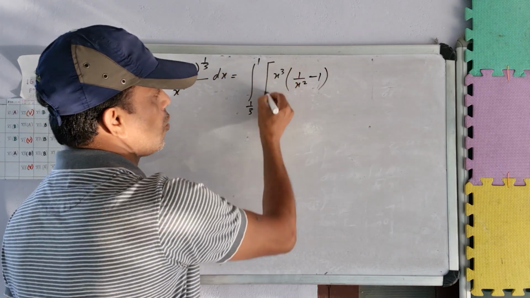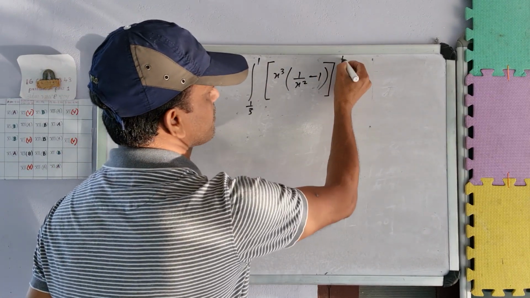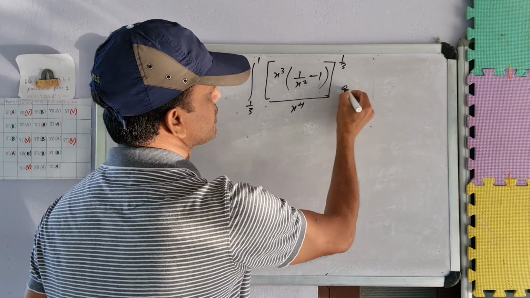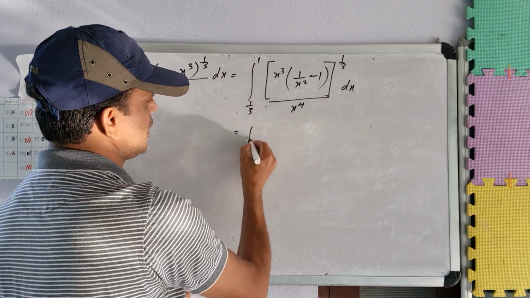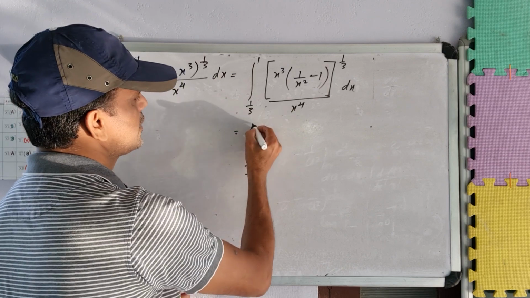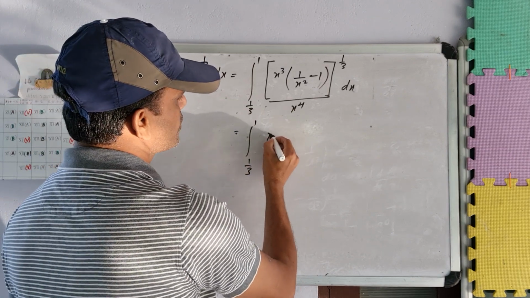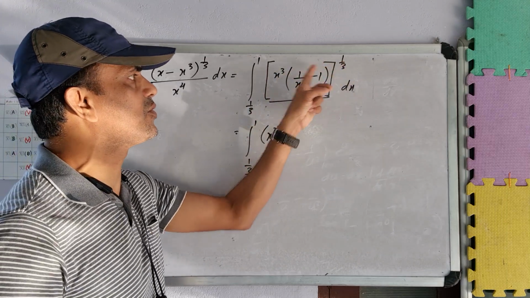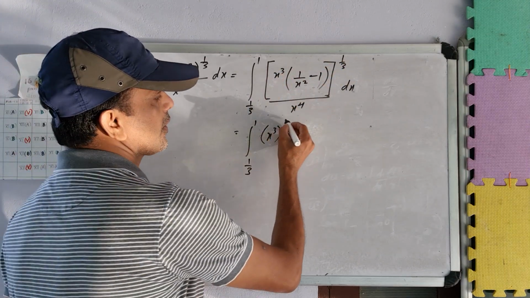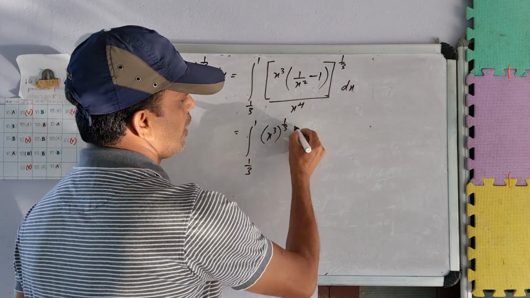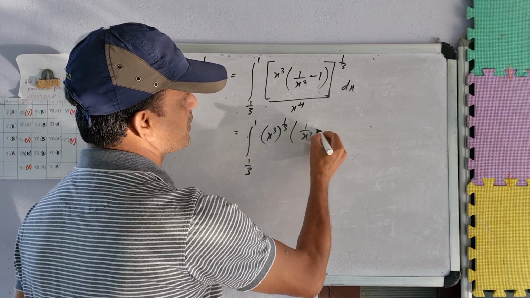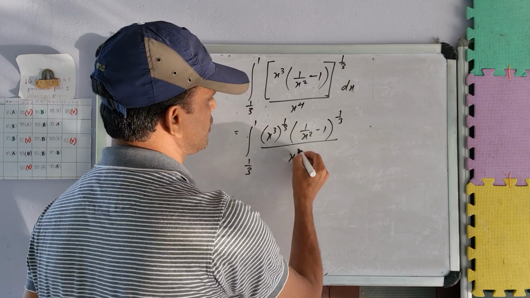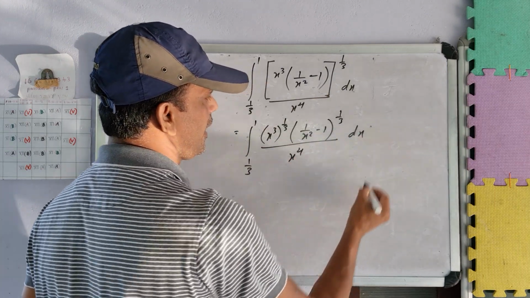And don't forget, all raised to 1 over 3, all over x raised to 4 times dx equals the integral 1 over 3 to 1 of x cubed, and I separate them, I'll give the power to both the terms. So x cubed raised to 1 over 3 times 1 over x squared minus 1 raised to 1 over 3, over x raised to 4 times dx.